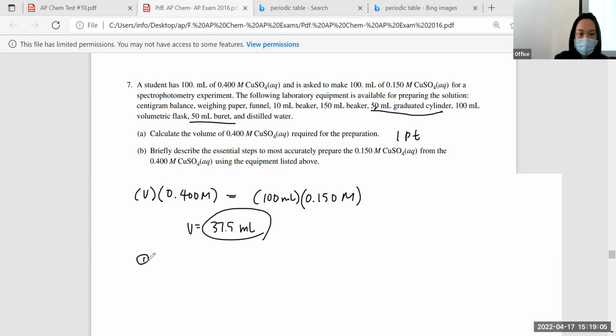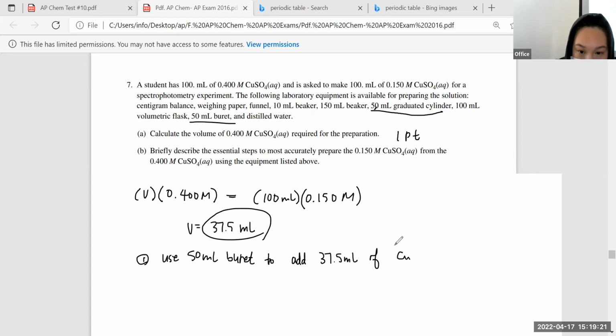So step one, use 50 milliliter burette to add 37.5 milliliters of 0.4 molar copper sulfate into 100 milliliter volumetric flask.